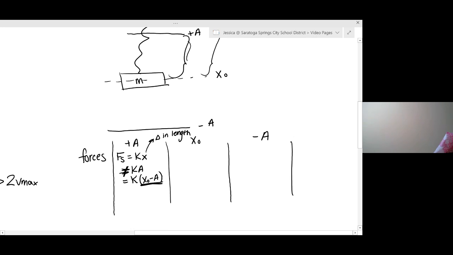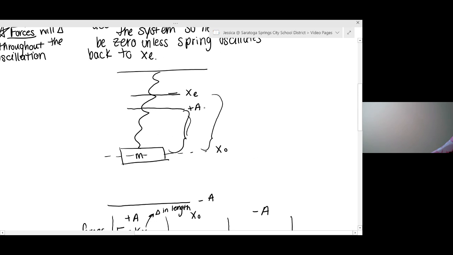So this distance is actually going to be very small, which means the spring force is at a minimum at this upper location because we are the shortest distance from the natural length of the spring.